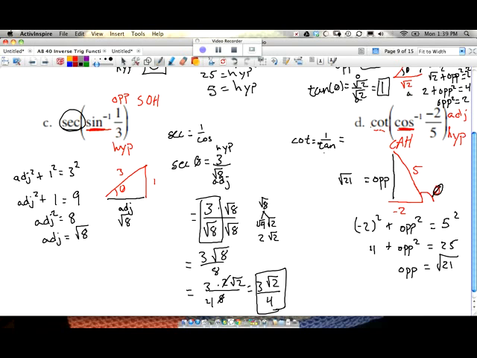So 1 over that is going to be the adjacent over the opposite. So cotangent theta is equal to the adjacent side, which is negative 2, over the opposite side, which is square root of 21. And I'm not even going to bother with the old school rationalize the denominator. I think that's good enough. But if you wanted to see it, it'd be negative 2 square root of 21 over 21. Okay, keep going.